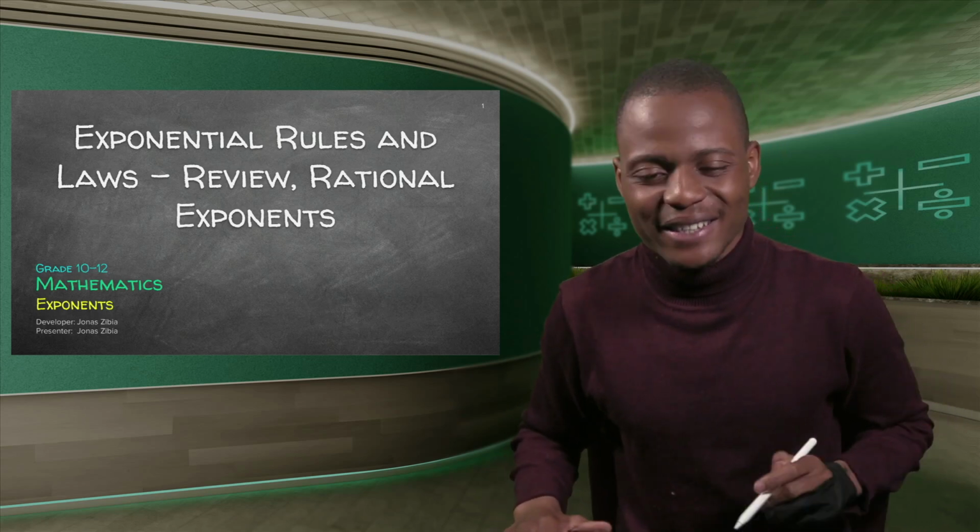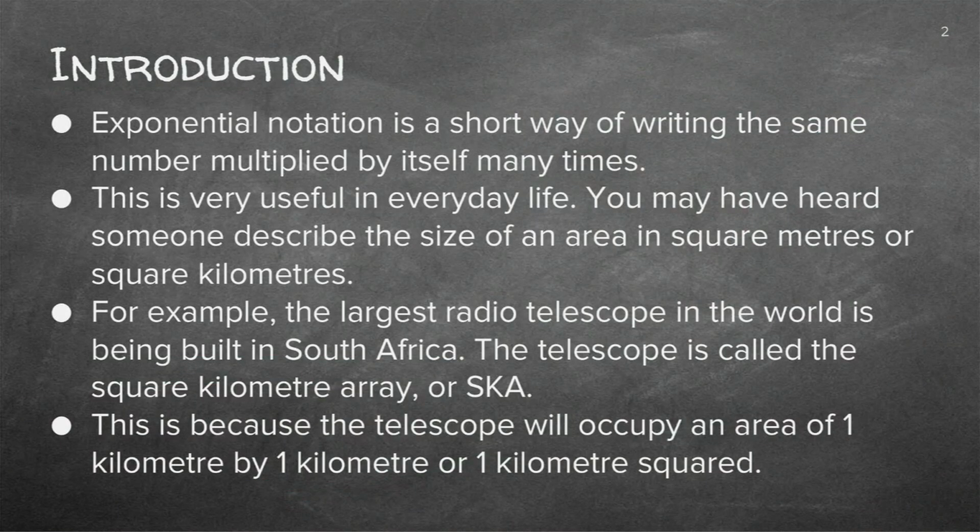Let's do this. So the first part of our lesson looks at explaining exponents in our everyday life. So exponential notation is a short way of writing the same number multiplied by itself many times. This is very useful in everyday life. You may have heard someone describe the size of an area in square meters or square kilometers.